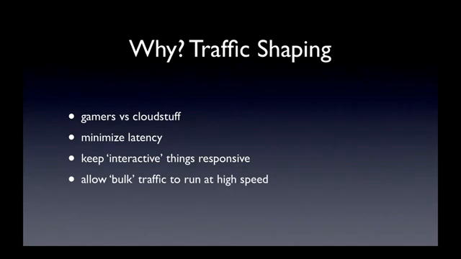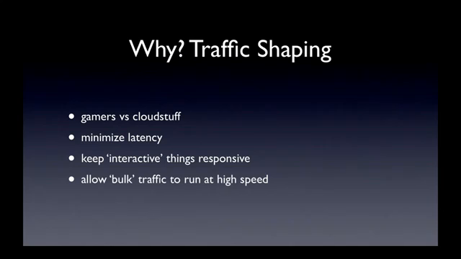But the main reason for me is to do traffic shaping. Traffic shaping is a way to solve the problem that is created when you have competing use cases on a network that is not fast enough to do what everyone wants all the time, such as pretty much every home internet connection. The two use cases are, on the one hand, bulk traffic, such as iTunes downloads or YouTube uploads.